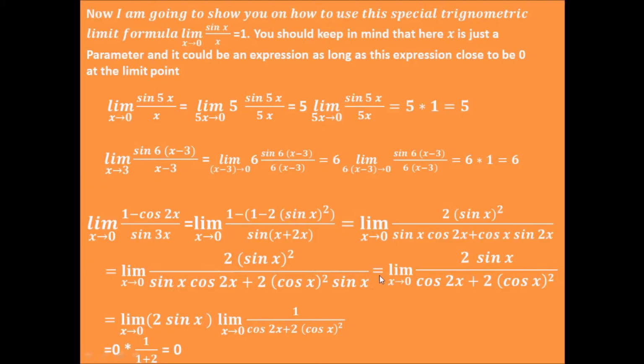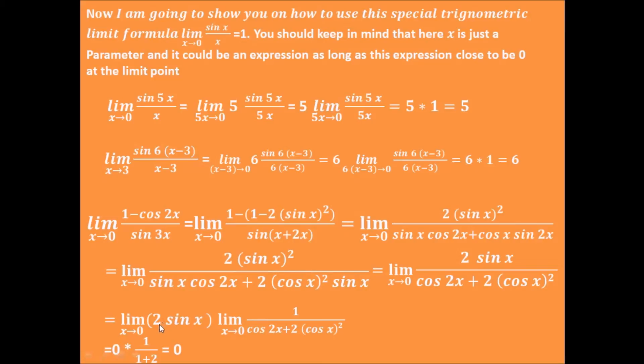After simplification, we get 2 times sin x divided by (cosine 2x plus 2 times cosine x squared). Then we can write this expression as two parts. One is 2 times sin x. The other part is 1 divided by (cosine 2x plus 2 times cosine x squared).